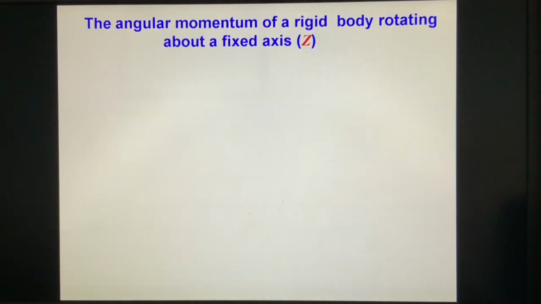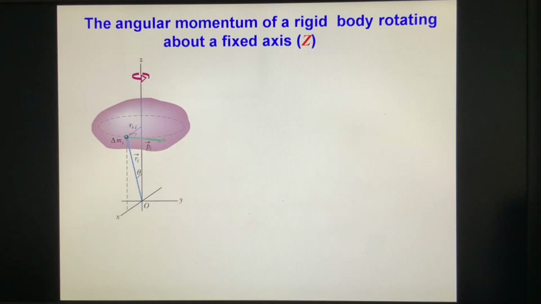Now let's go on. The angular momentum of a rigid body rotating about a fixed axis. This is a rigid body, and this is the fixed axis z, with x and y. Let's look at one point, delta mi.